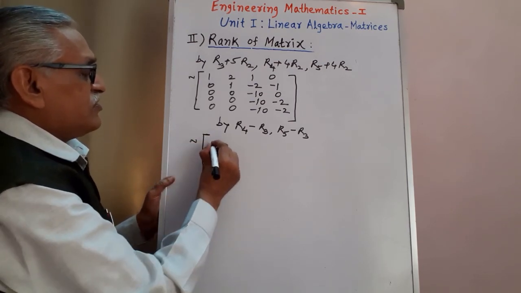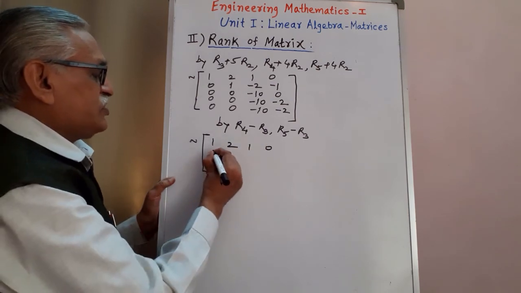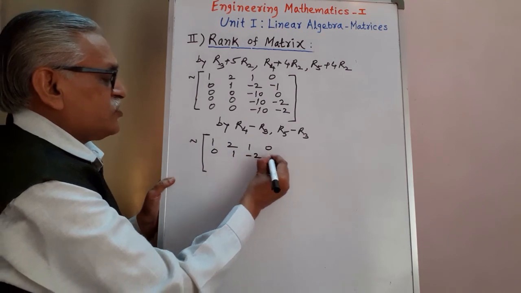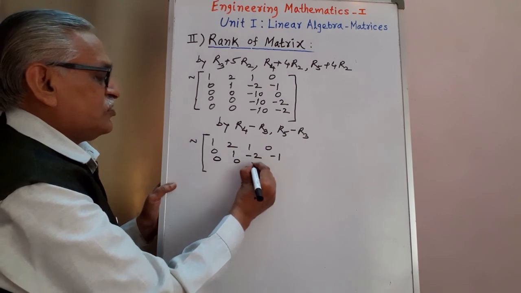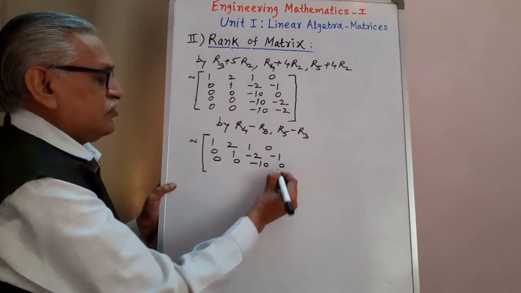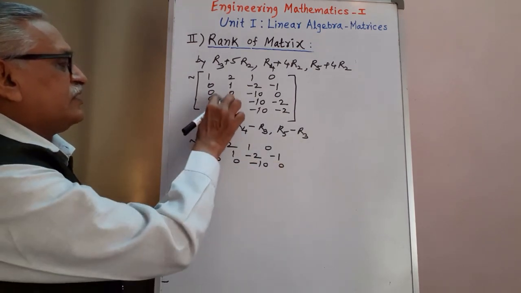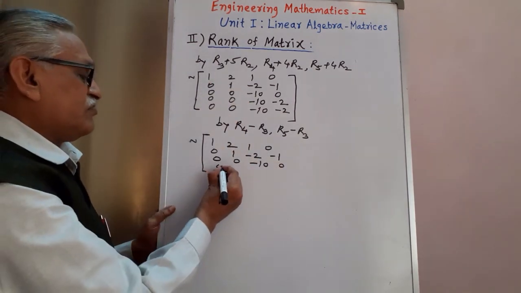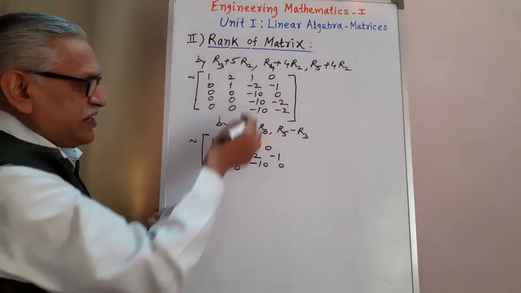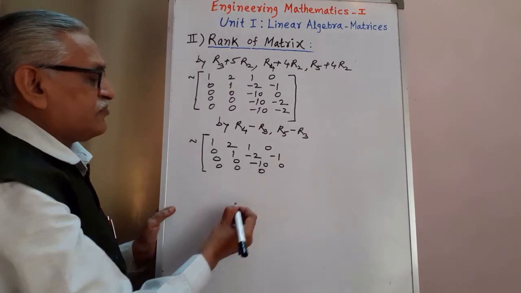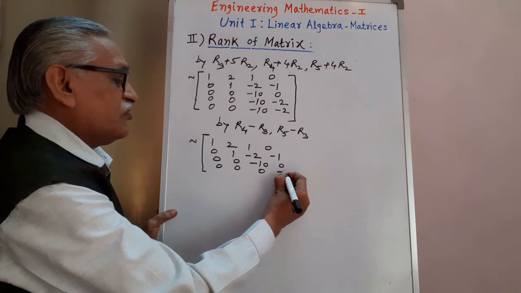we have first row no change, 1 2 1 0. Second also no change, 0 1 minus 2 minus 1. Third also no change, 0 0 minus 10 0. Fourth and fifth changes are 0 minus 0, 0 minus 0, minus 10 minus minus 10, minus 10 plus 10, we get 0, minus 2 minus 0, we get minus 2.